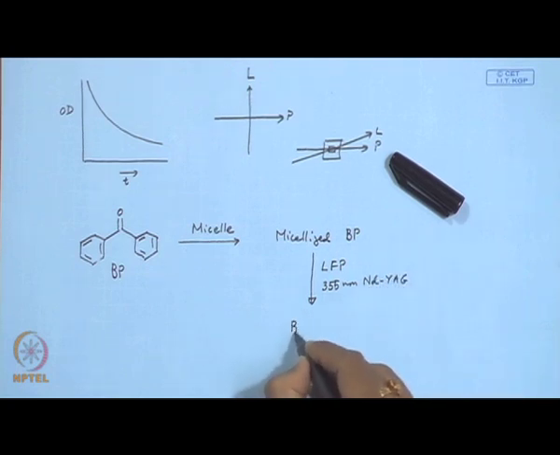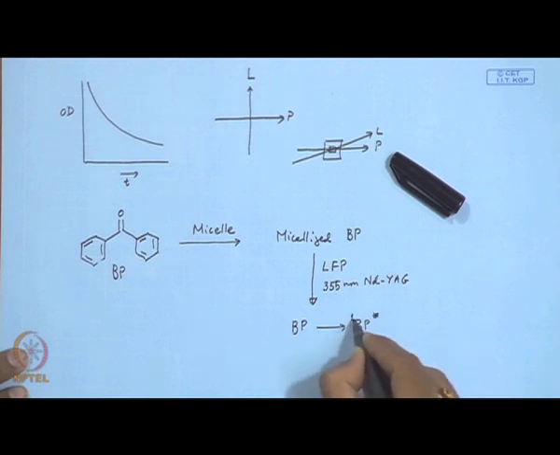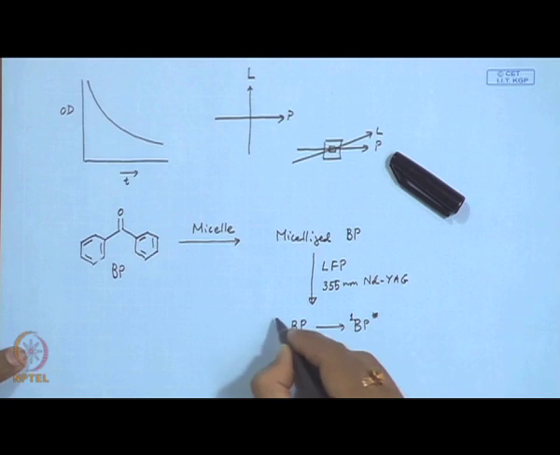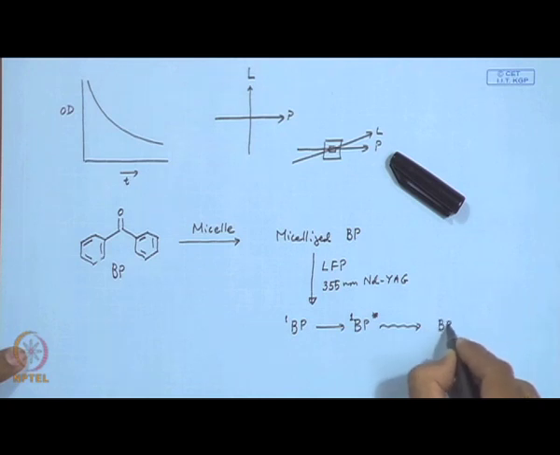So, BP will go to BP star singlet, singlet BP star excited. This is also singlet, is a ground one. Then it will go to BP triplet.